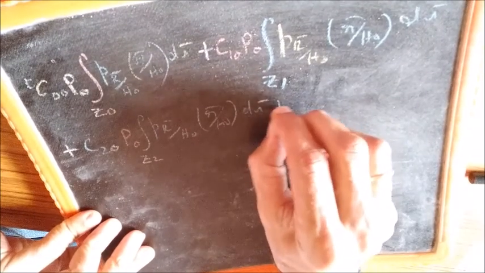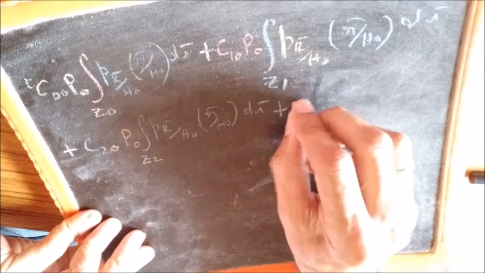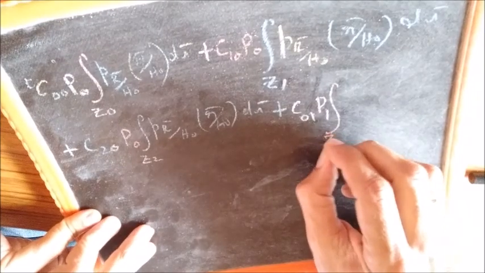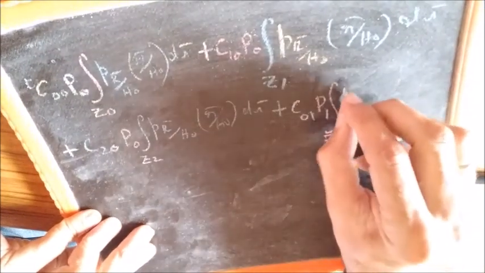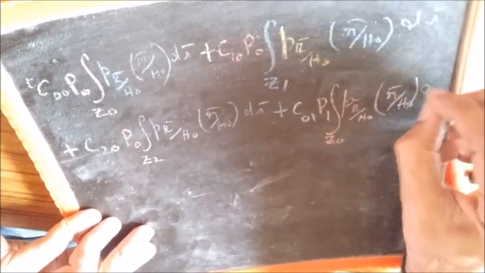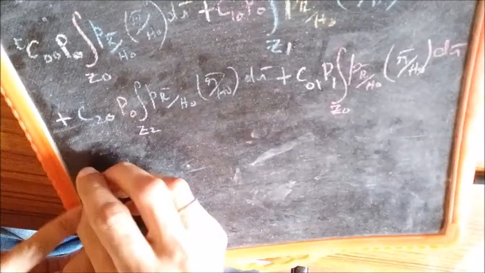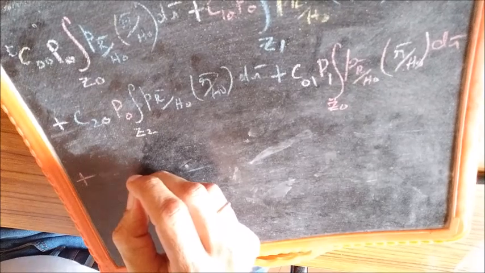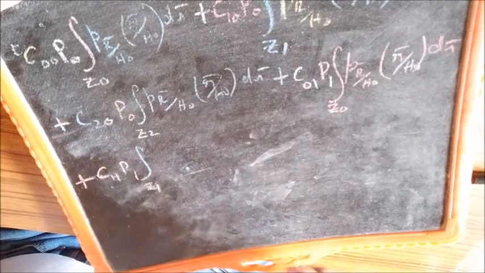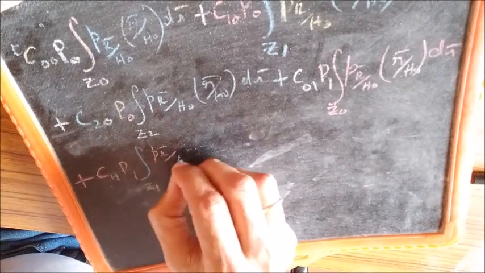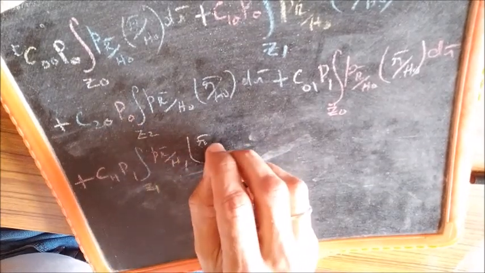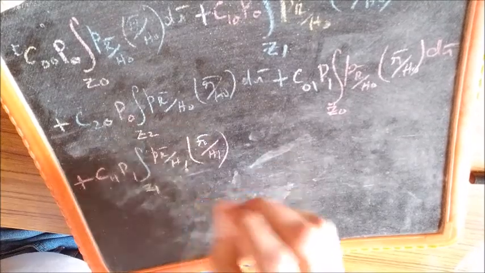So doing that, I get C01 P1 integration over Z0 PR H0 R H0 dr plus C11 P1 integration over Z1 PR H1 R H1.